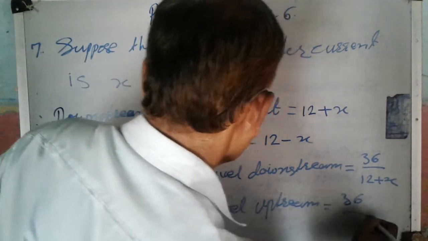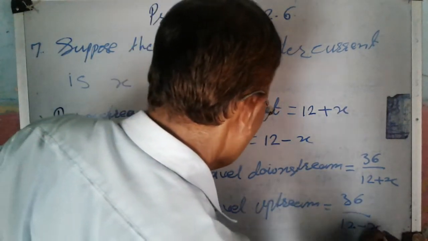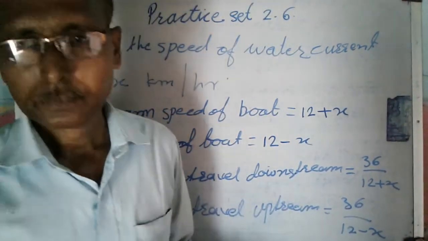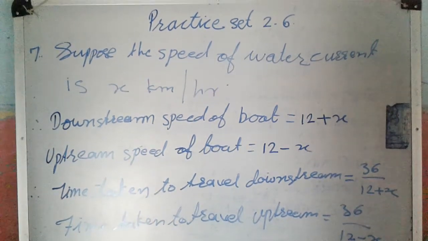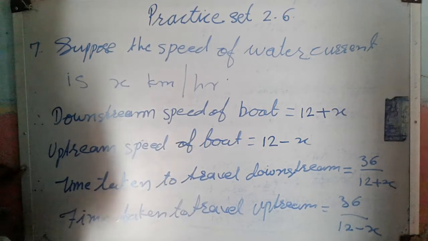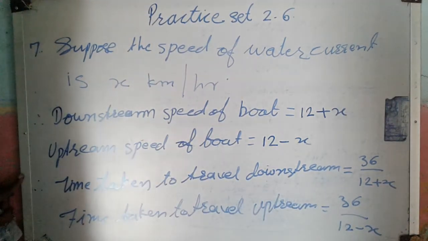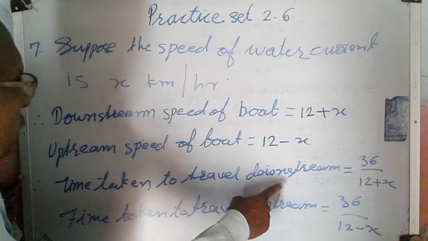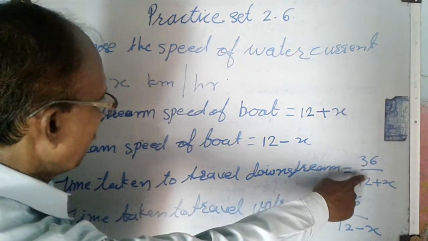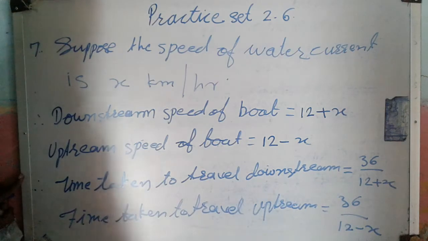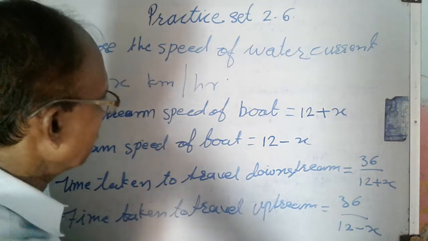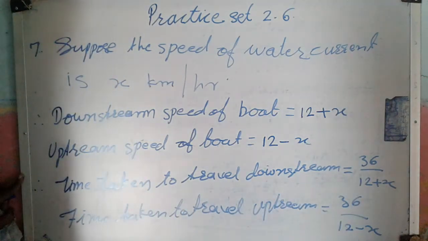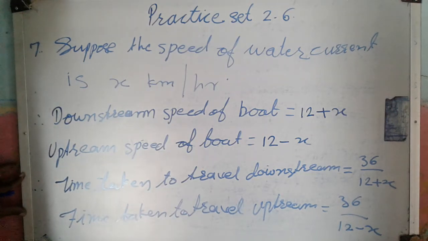Time taken to travel downstream is 36 upon 12 plus x, and time taken to travel upstream is equal to 36 upon 12 minus x, and this total time is given as 8 hours. So by this condition we will form the equation.